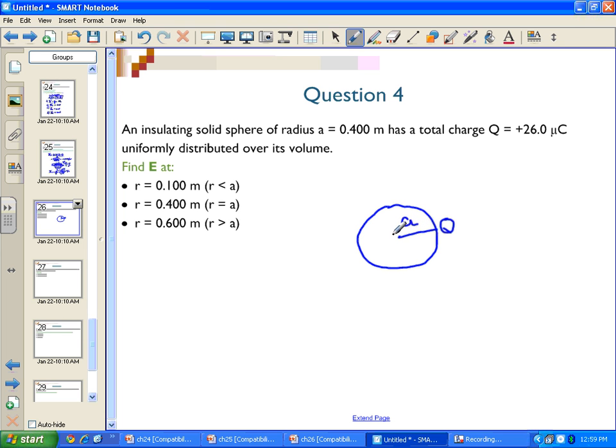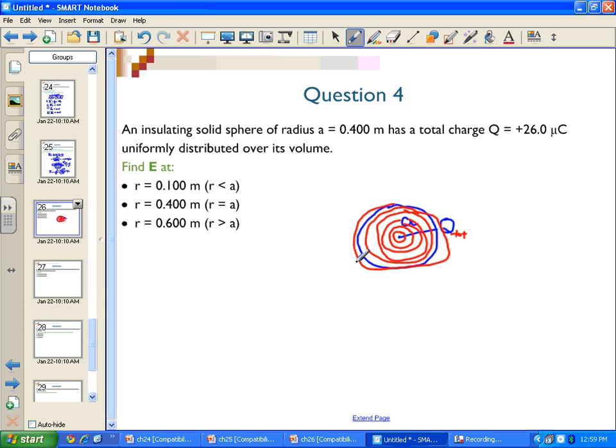Now, we're also told that the charge Q is uniformly distributed in the interior so that all points radially outward contain more and more charge. So the charge grows until we get to the total, which is right on the surface of our sphere.